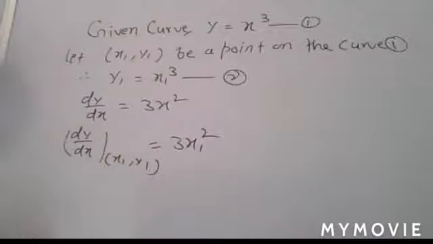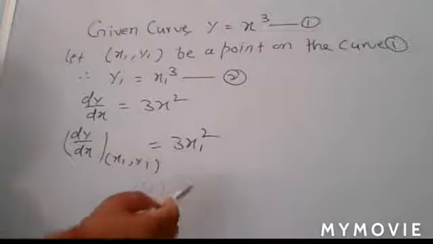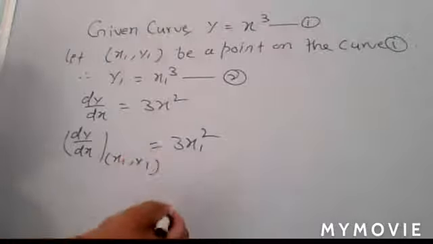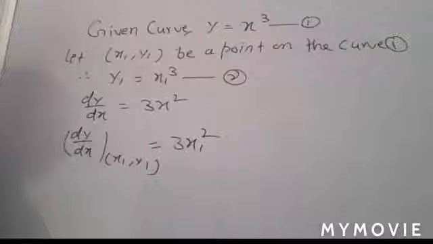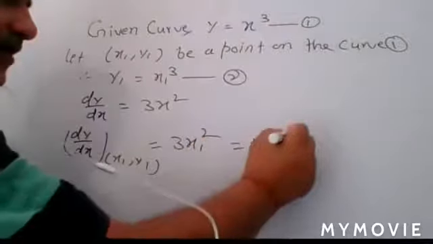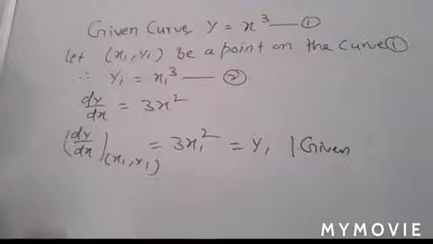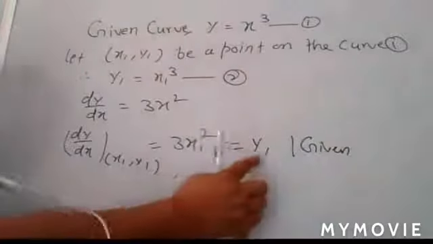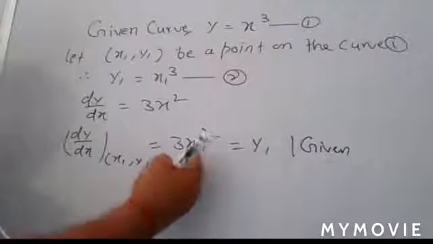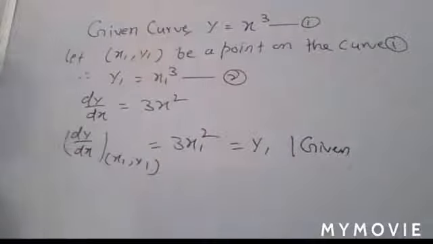And what is given in your question? This is the slope of tangent at the given point. And that slope is equal to the y coordinate of the point, means that is equal to y1. So the slope of tangent is equal to y1, which is 3x1 square, so you put it in the second equation.